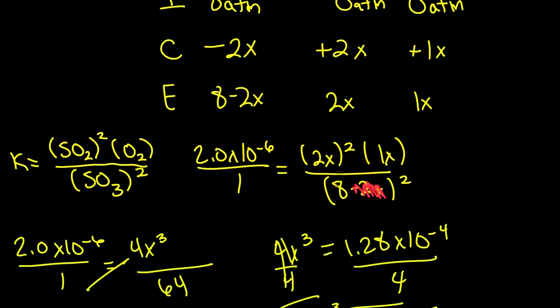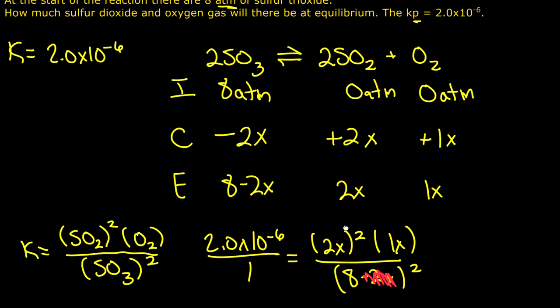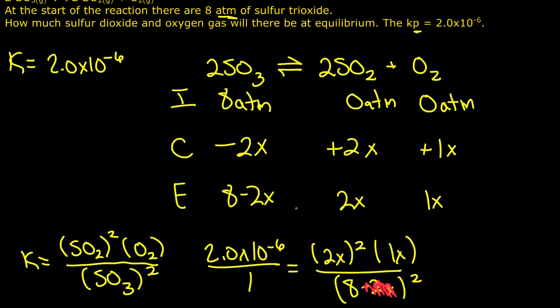I can go back to the beginning to our equations at equilibrium to find out how much sulfur dioxide and oxygen there will be at equilibrium. So just go to your x and plug it in. So the first one we can do is oxygen. It'll be the easiest. 1 times 0.032 is 0.032 molar.